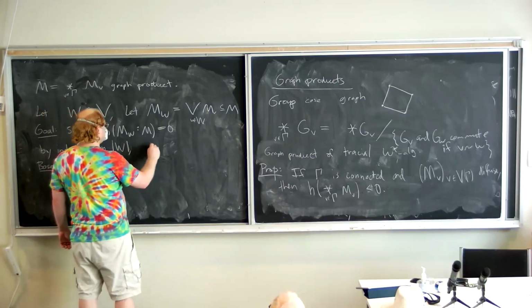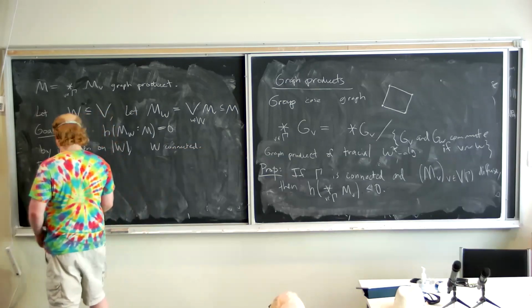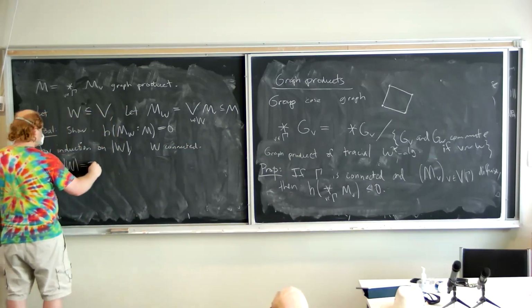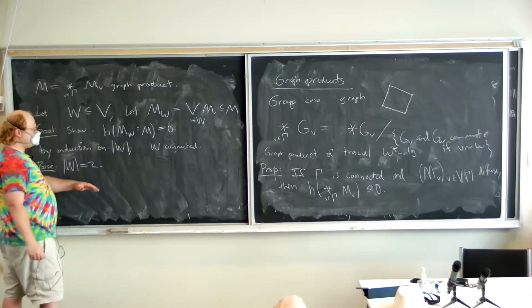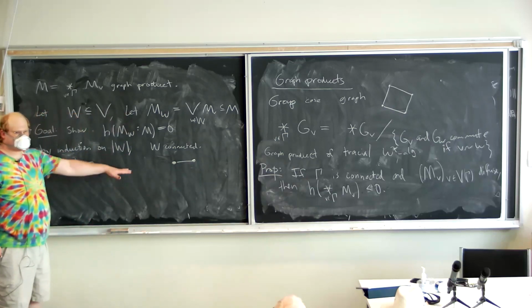And here, I guess we're going to have W here connected. So if we start with just two things, and if you have two things, then you have two vertices connected to each other.